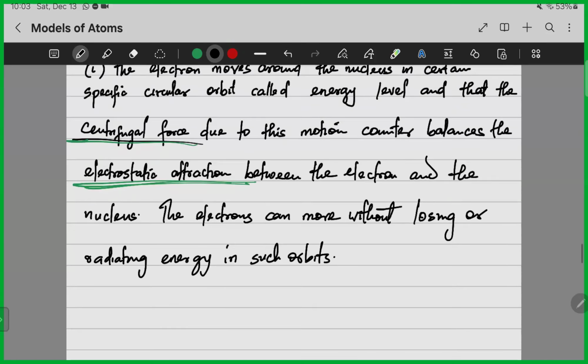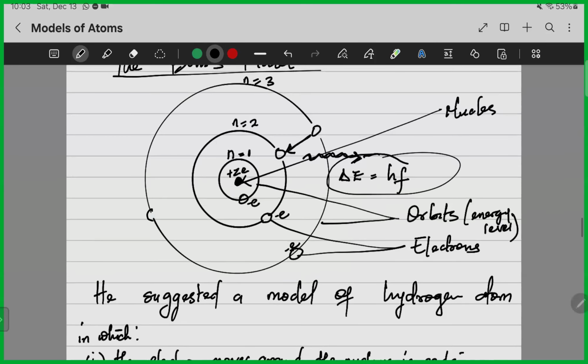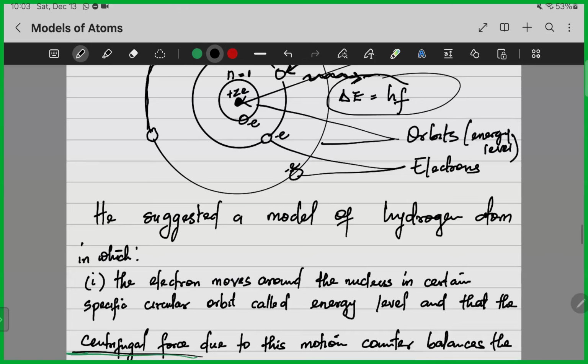The idea is that if they keep moving on this particular orbit, you can move from here to here on this orbit, they don't need to radiate or lose energy.